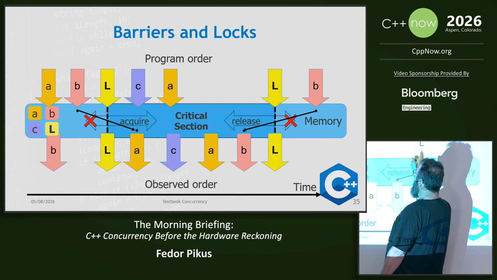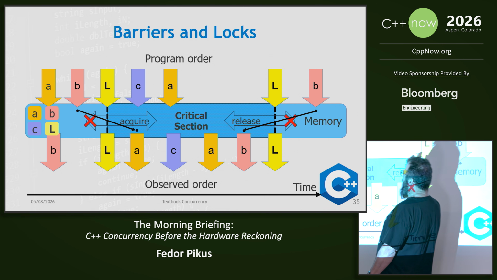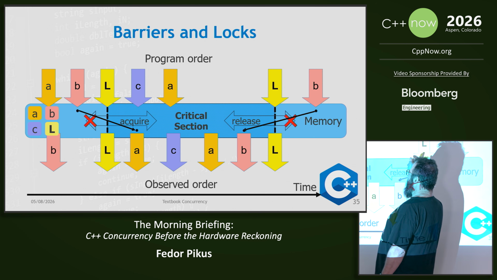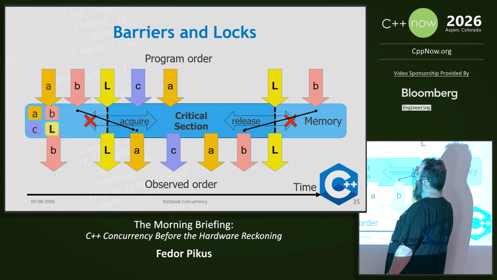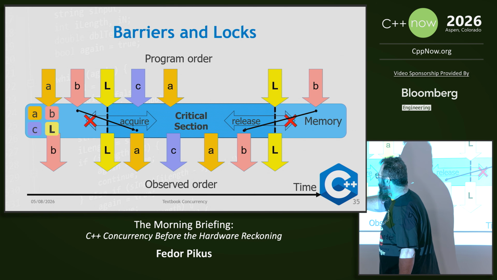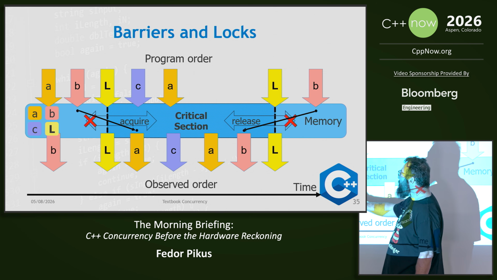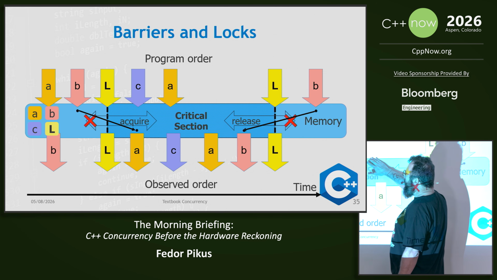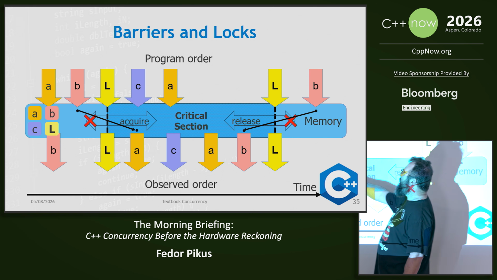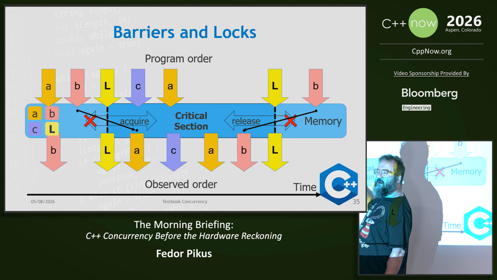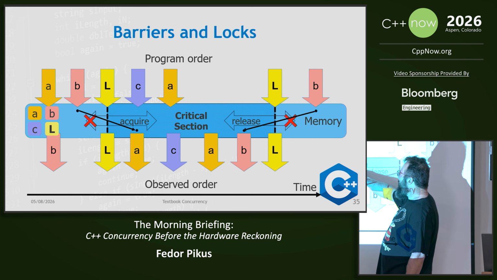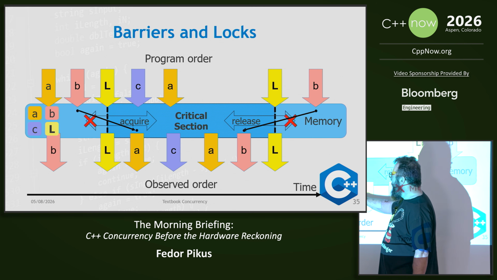I know that I am at the same point or actually anytime after this was written, and I have the guarantee that whatever was written by the first thread, if I start reading it, I will see these. I may also see something else, but I have the guarantee that this will be visible.